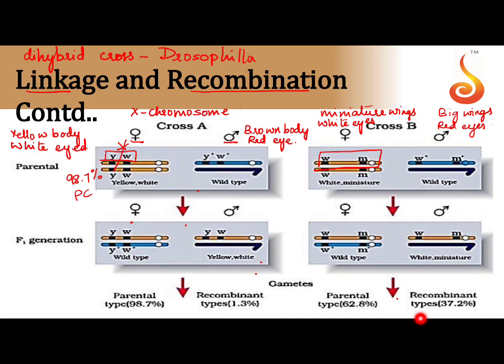You could see 37.2% of recombinants, and the reason was because the distance between the two genes was so large that crossing over was highly possible. So, this is called linkage. Linkage is how close two genes are present. And where is recombination highest? When linkage is less. So, here recombination is at peak and here linkage is high.